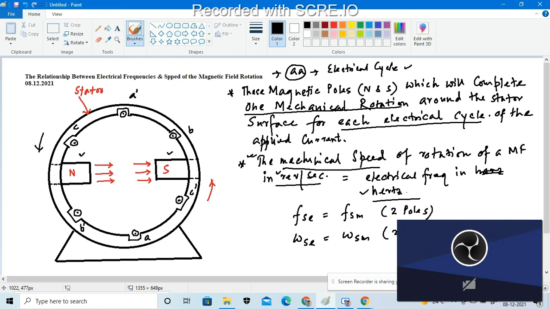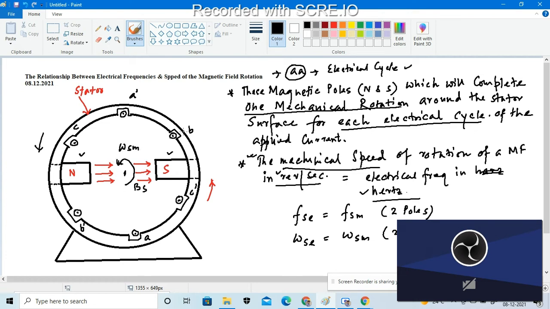Okay, so if we consider this is my central point over here, and the rotation will be in this direction, having a magnetic flux Bs, and the rotation which will be considered as omega of Sm.